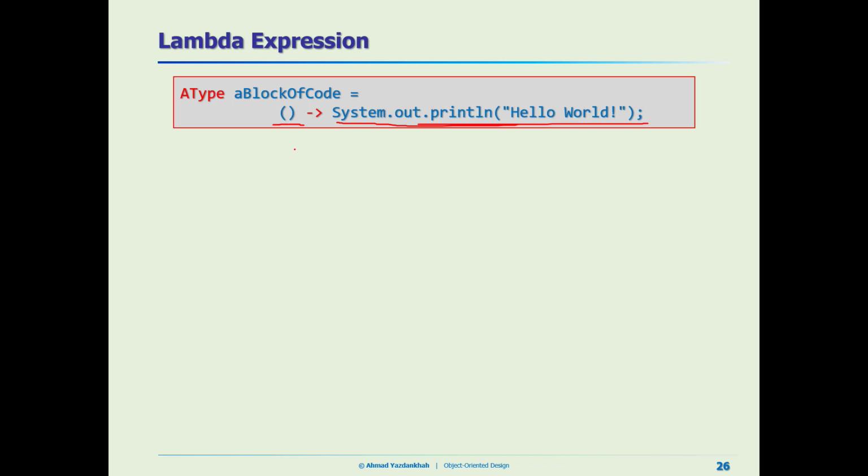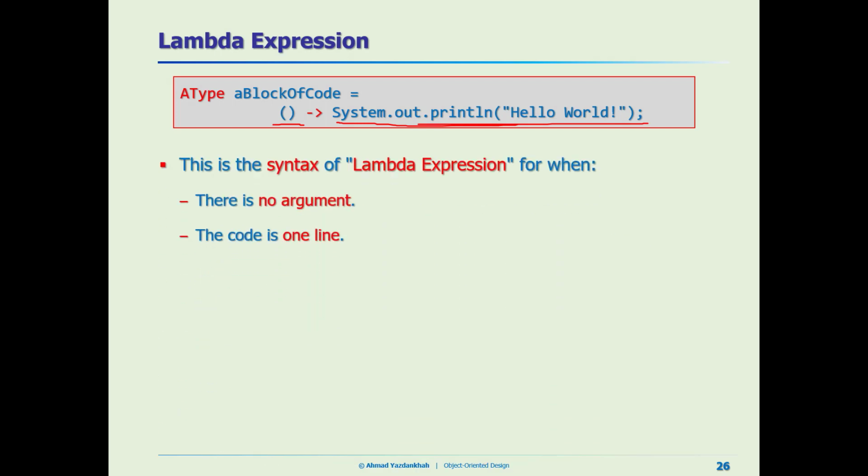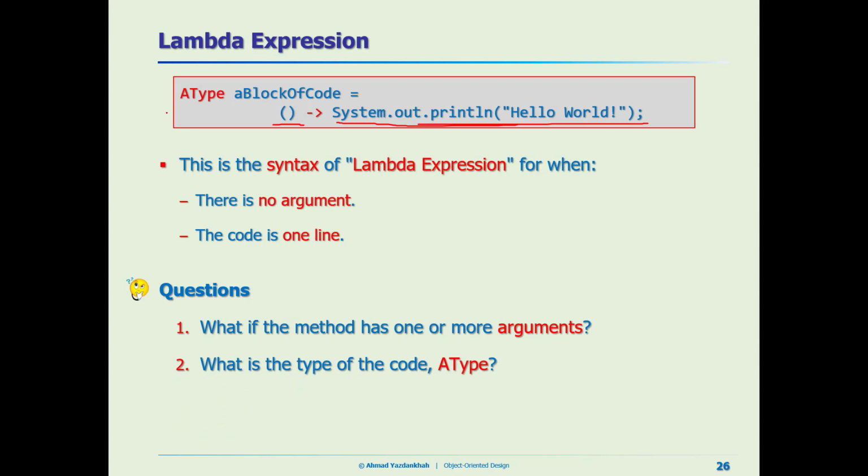But in our example, we didn't have any argument. Now the question is, if we have arguments, one or more, what should we do? And also, what the heck is this type? We still didn't talk about that.